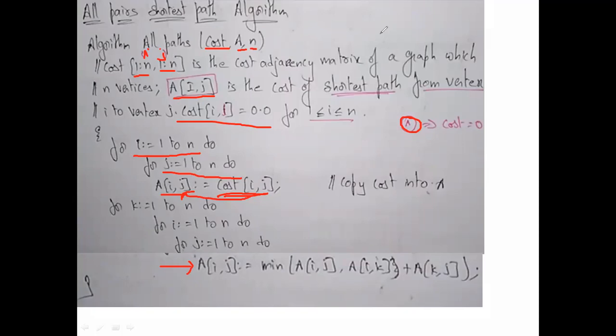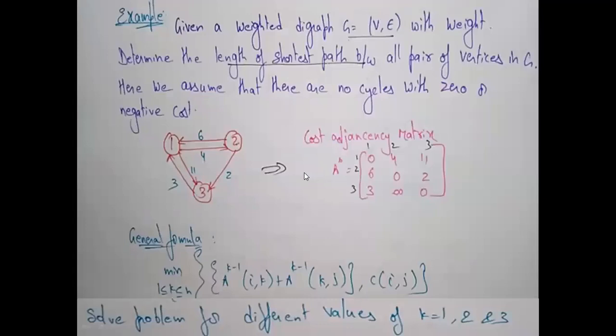Now let's see how this algorithm works, with an example. So here is the graph, a directed graph. In this directed graph, there is a direction from each vertex to another vertex. This is a weighted graph, so we have to assign the weight for each edge.